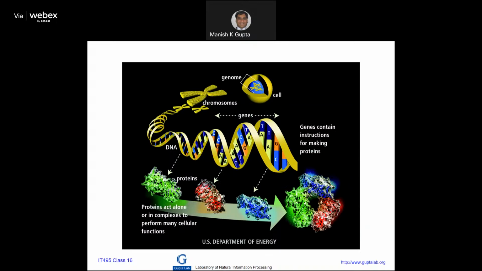RNA. Whenever the central dogma is happening, DNA to RNA, RNA to protein. What happens? Many times from DNA, only RNA is produced and no further protein is produced, only up to RNA. That RNA is basically used as a catalyst for certain reactions.